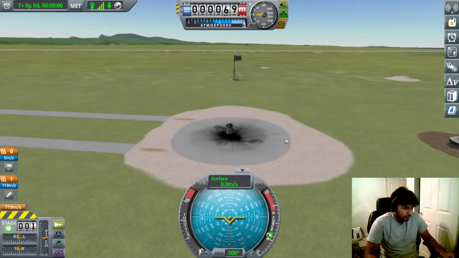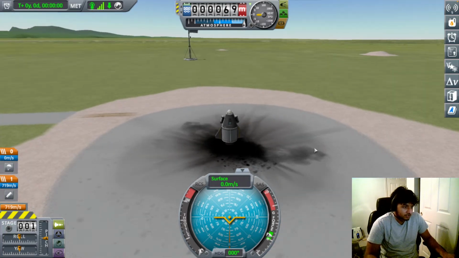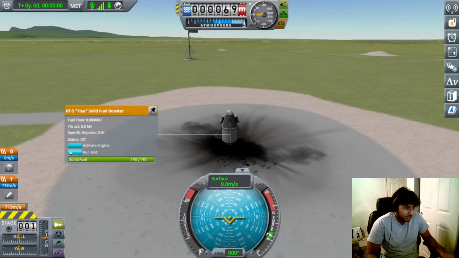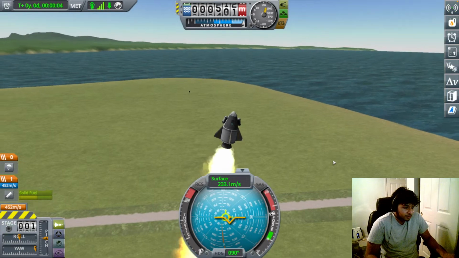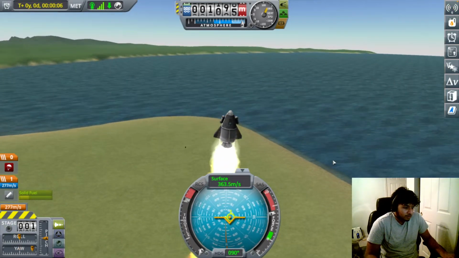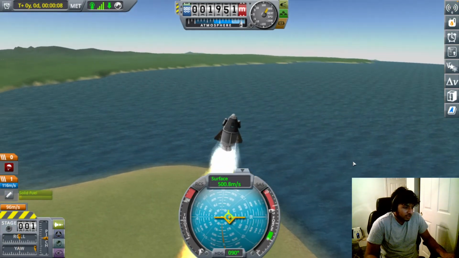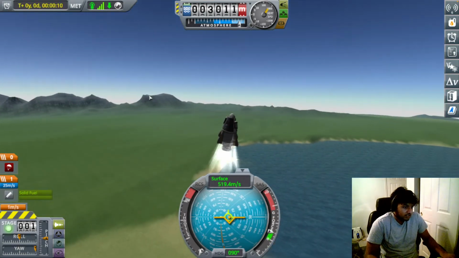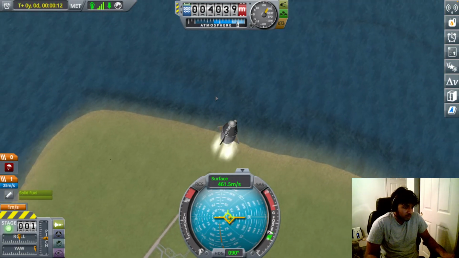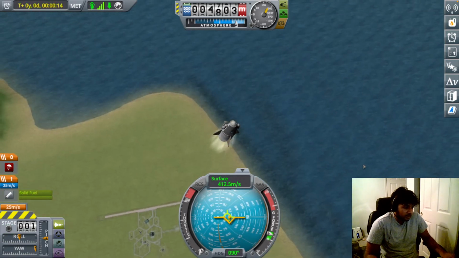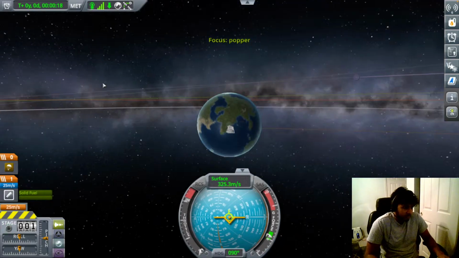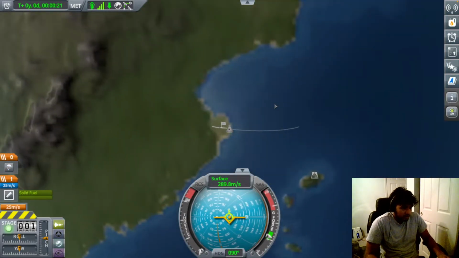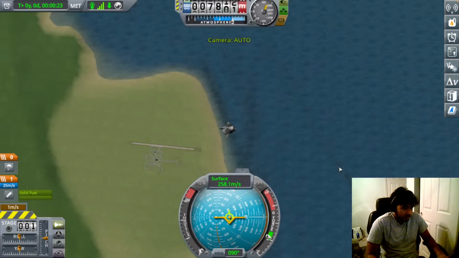I'm gonna do the D key to go towards 90 degrees. First we're gonna run the test of this. Okay, there we go. Let's just pitch to the right here to get distance off to the right. Yeah, we're definitely gonna land in the water. Check the map here.